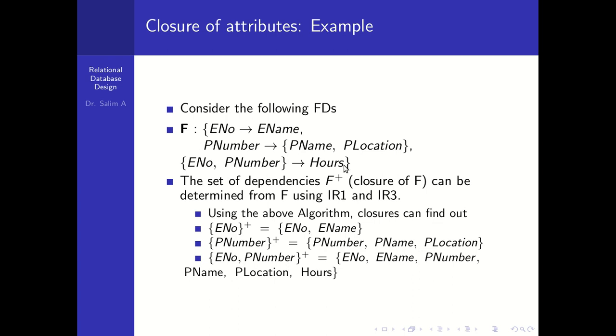E number, P number, hours is added. Then because of E number, E name will come. Because of P number, P name and P location. Therefore, this E number, P number closure will have all the attributes. This is very important. If you take E number, P number together closure, because there is an FD like that, you will get all the attributes in that set.